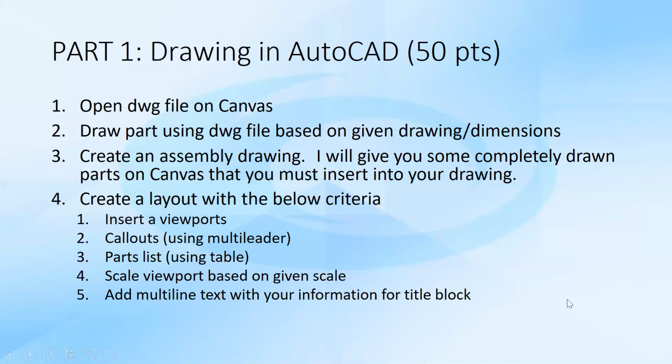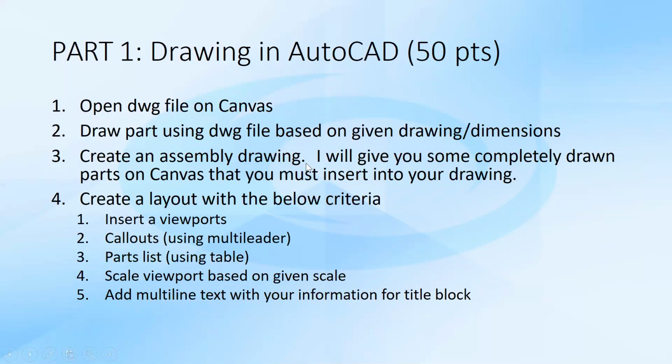First, we'll go over part 1. This is going to be the drawing part. You will first open up the startup DWG file that we just discussed. Then you will draw a part using the instructions. So the instruction will have a 2D part with dimensions, and you will draw that same part. Then you'll create an assembly drawing.